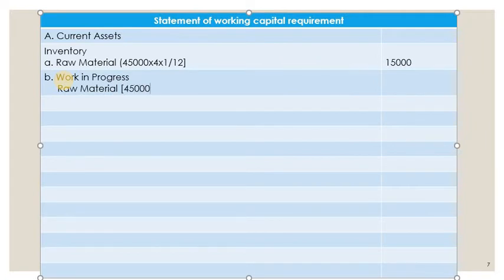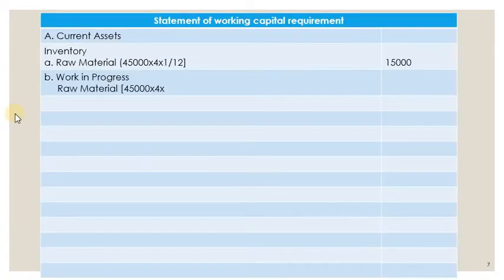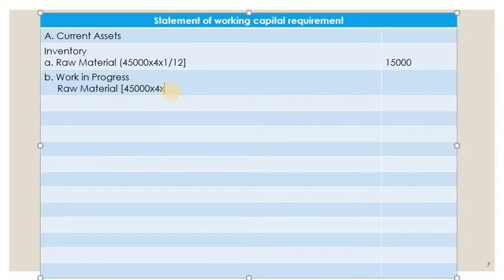So how to calculate? Take the total units of production, 45,000. What is the price of the raw material? It is 4. Then for how many months is production in process? It is there in the problem here. So material will remain in process for further 1 month. So that is the production process.